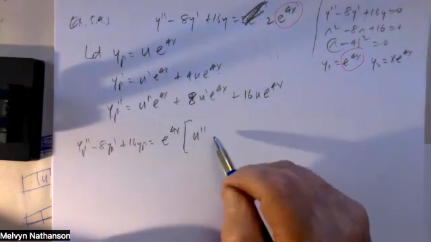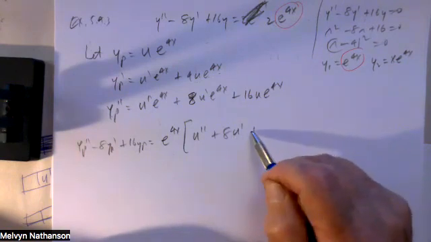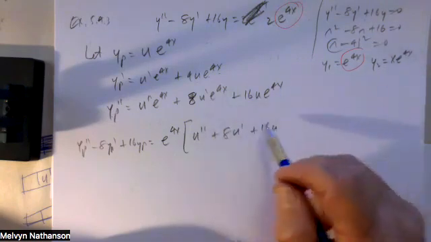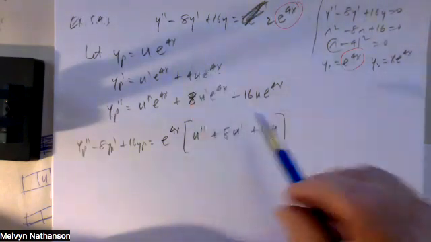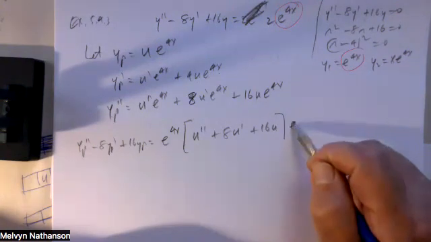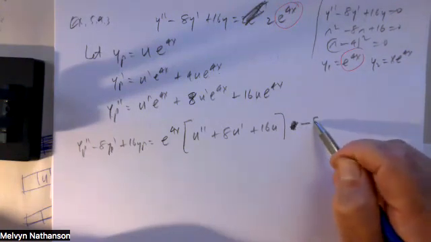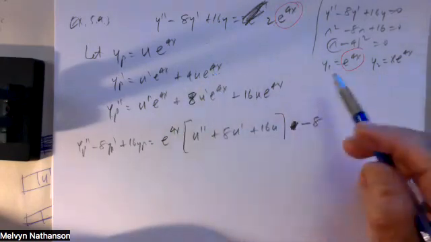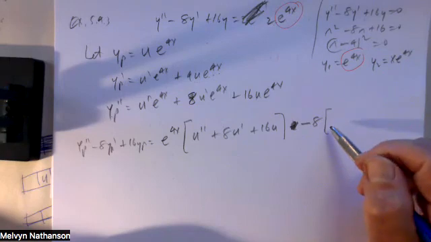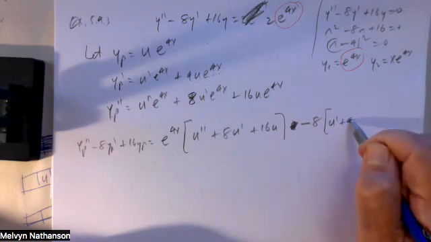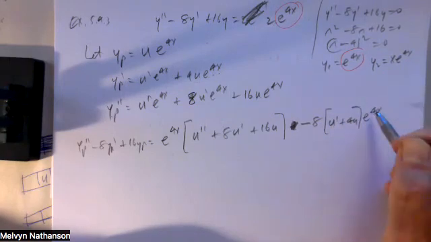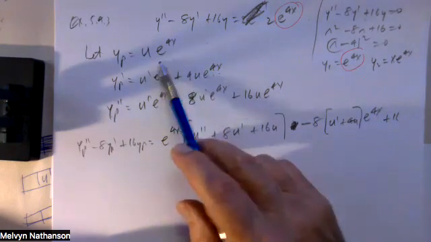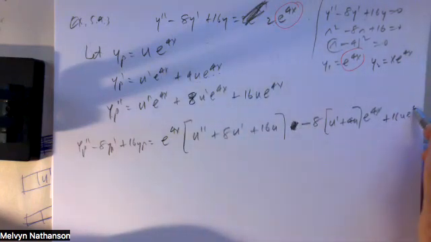I get u'' + 8u' + 16u, minus 8 times y_p', and I can again factor e^(4x) out of this: (u' + 4u)e^(4x), plus 16ue^(4x).